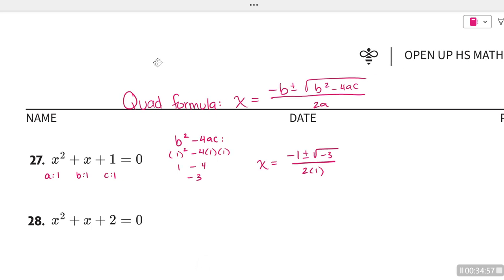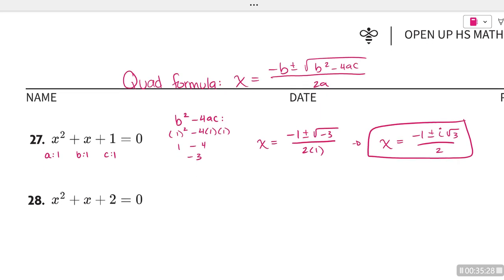So we can simplify this a little bit more, right? Let me kind of write it like this, x equals negative 1. Instead of having a square root of negative 3, I can take out the i. So i root 3, and 2 times 1 is just 2. So there we have it. You can write those as two separate terms if you want, as negative 1 plus i root 3 over 2, and then negative 1 minus i root 3 over 2. But I'll leave it as a plus or minus right now.